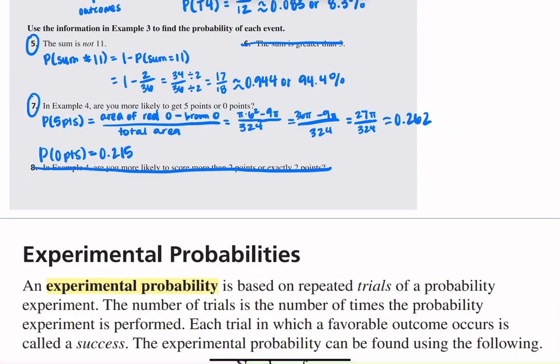So, because the probability of 5 points is greater than the probability of 0 points, you are more likely to score 5 points than 0 points.